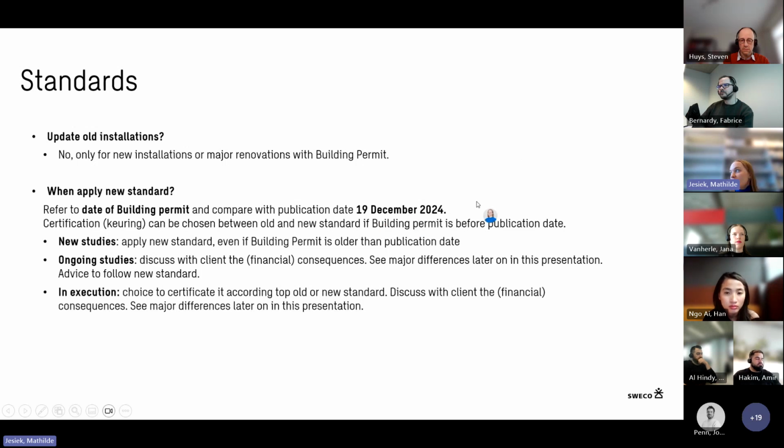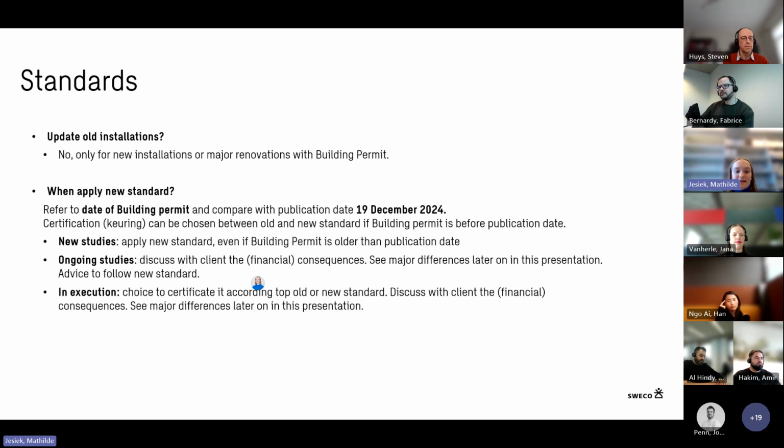So if you have projects ongoing and the permit is from before 19th of December, you can decide to still use the old norm, but we think it's useful to discuss this with the clients. In all the other new studies, we will from now on apply the new rules.